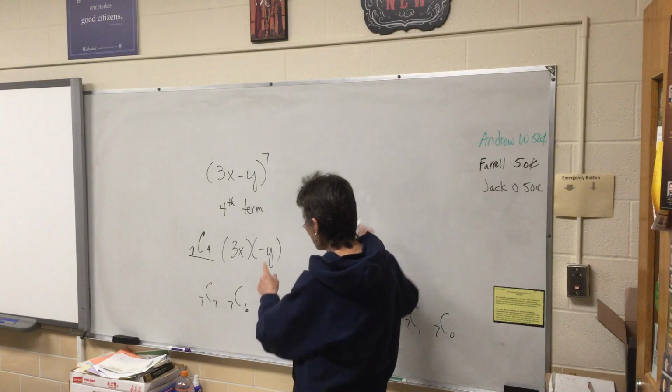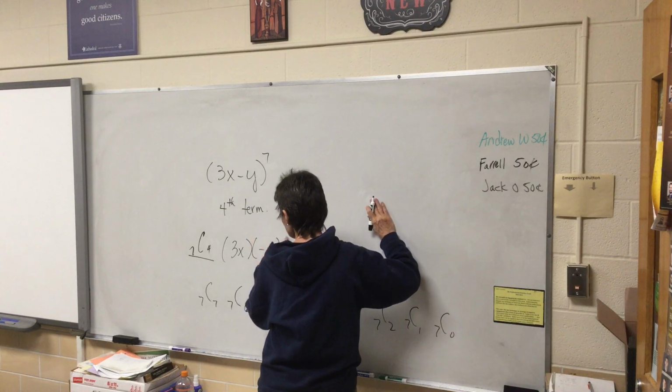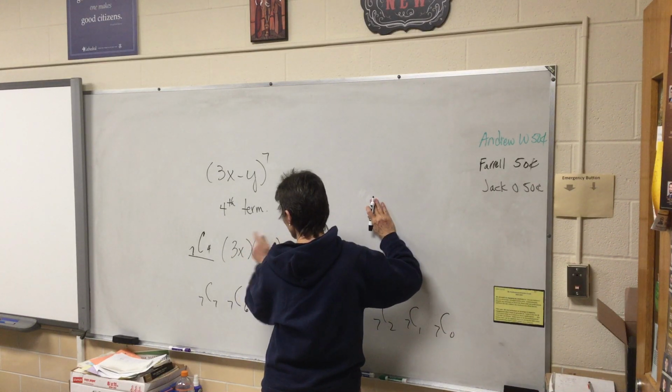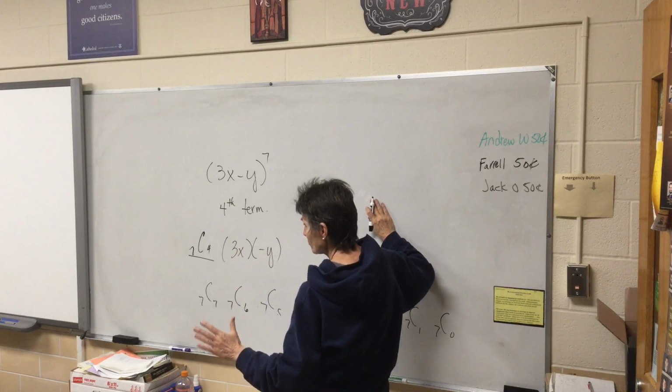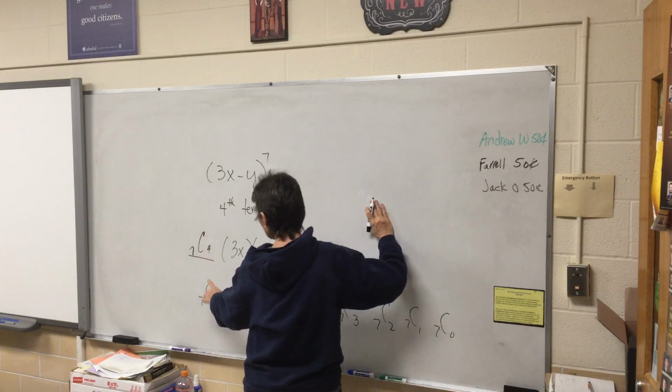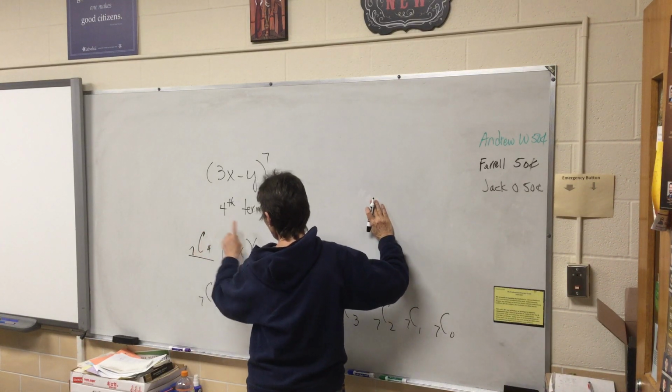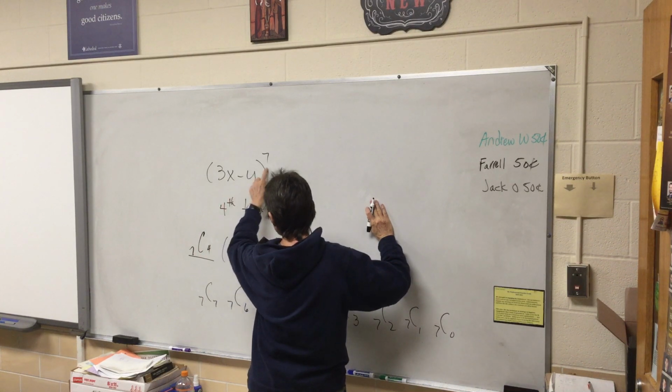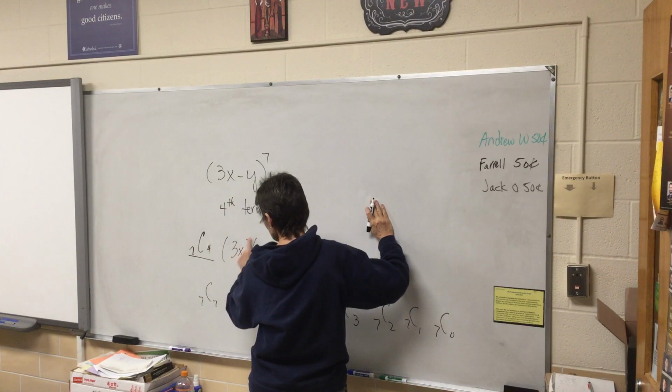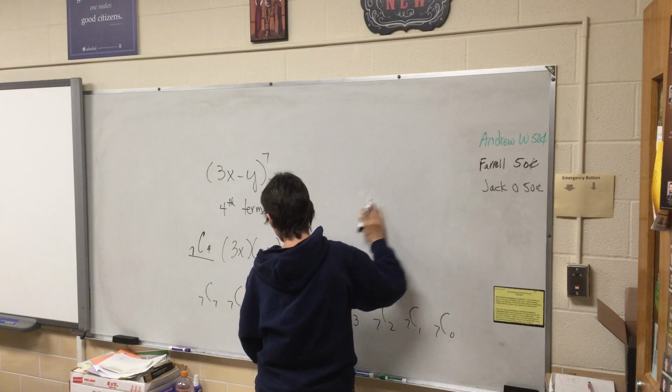Now I need to put my exponents on these, the 3x and the negative y. So again, it's a matter of counting. In the first term, the power on the 3x would be 7. Here it would be 6, 5, 4.